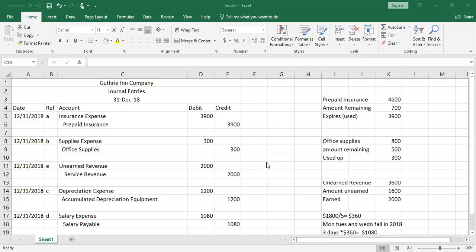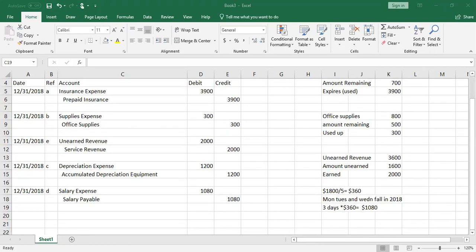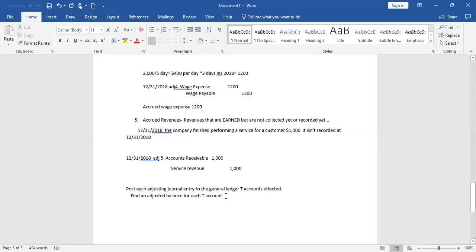Okay. Then the final step, let me stop sharing there, come back over. I just want to make sure you can see the stuff. After we find the adjusted balance for each T account, your final step is to create another type of trial balance, but this time it's called an adjusted trial balance.